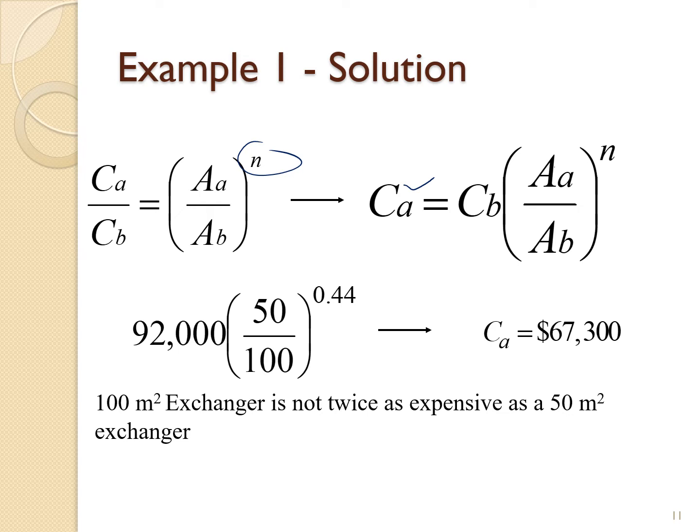AB is the previous equipment that cost around 92,000. So we just input the information and we calculate that CA would be 67,300. So this cost is estimated for a 50 meter square heat exchanger.